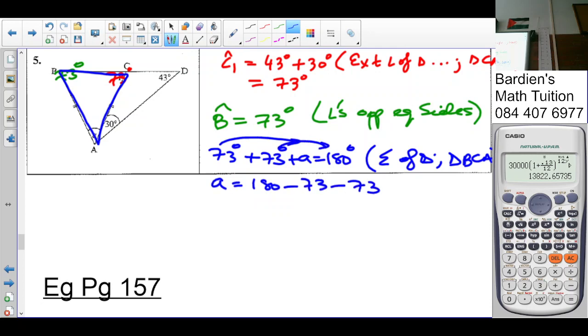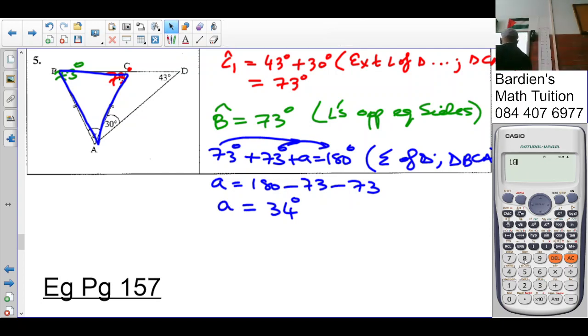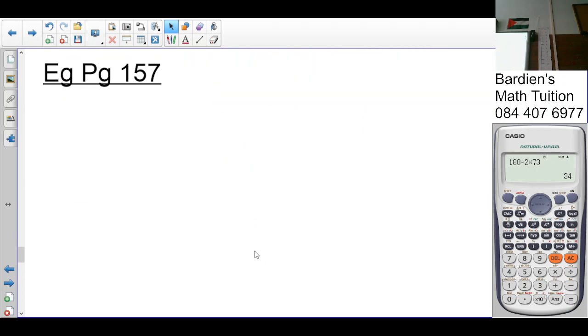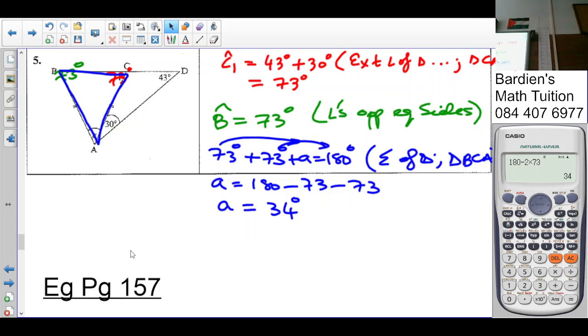So that's 146. That's going to be 34 degrees. Check if that's correct. Should be. So 180 minus 2 times 73. 34 degrees. Okay. That's a nice sum, eh? Yeah, 6 marks or something like this.